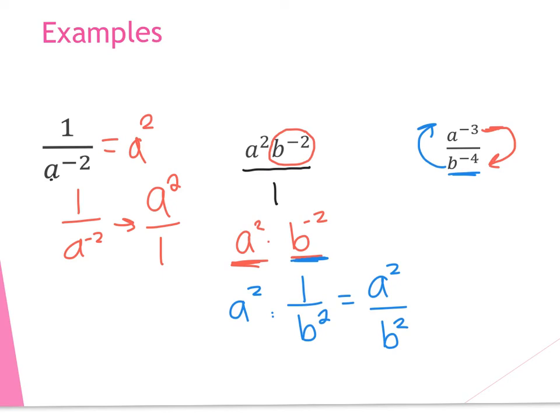And so in some cases, instead of going through the whole idea of the reciprocal, I can just move something from the denominator up to the numerator, or from the numerator down to the denominator. So this a to the negative 3 is going to go down, and this b to the negative 4th is going to move up. They're basically going to trade places. And so this would be b to the positive 4 over a to the positive 3. So if you notice the difference between those two things, we basically took them, flipped them upside down, and made them positive.